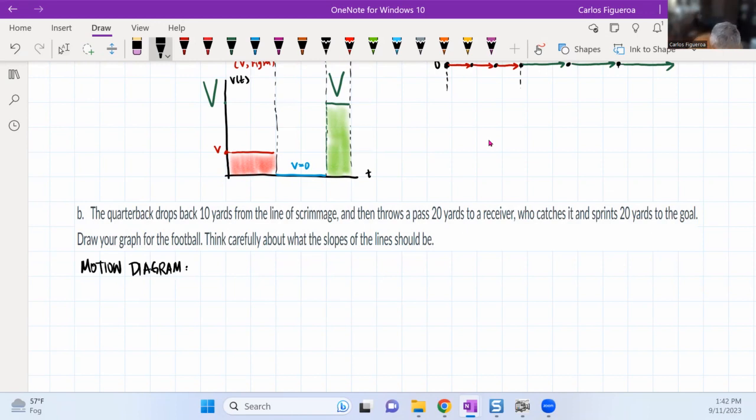So let's give these people some names here. How about if we start with, I don't know, quarterback Joe? So it says here that quarterback Joe drops, which really means moves backwards 10 yards.